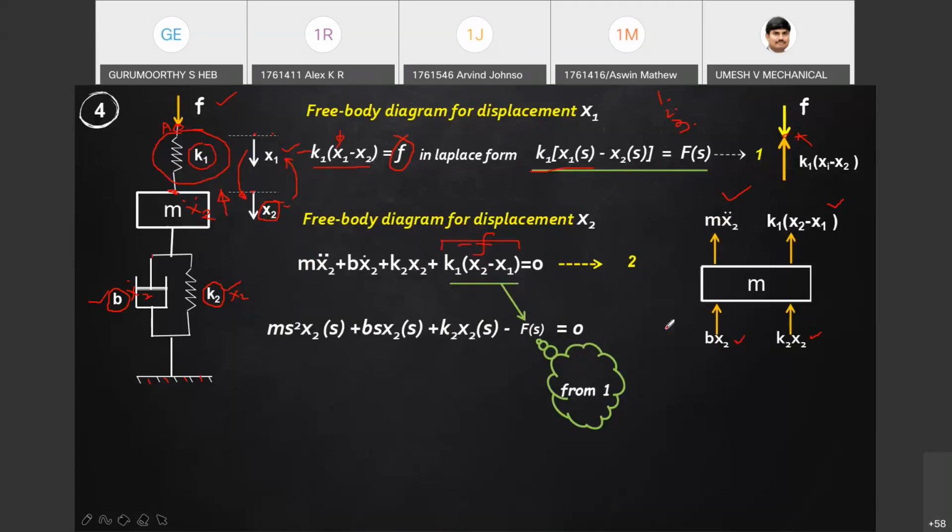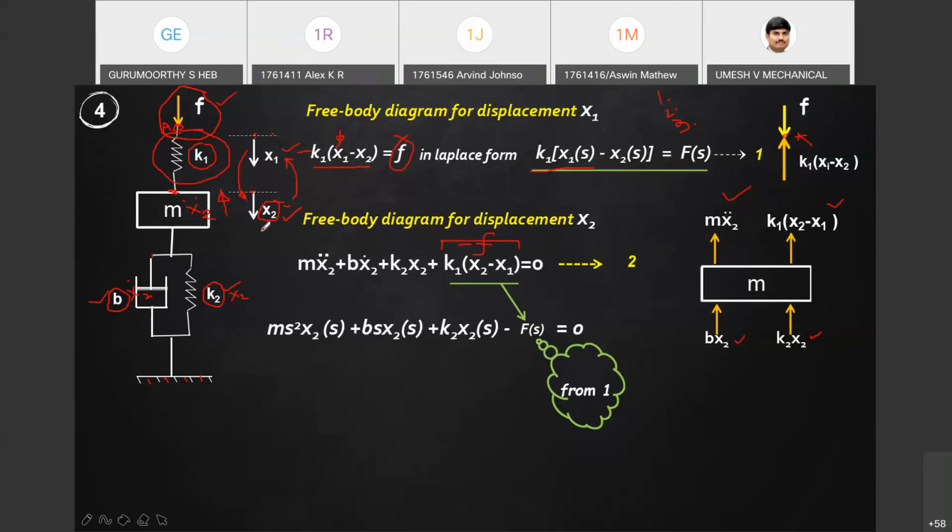Whenever you have two variables, you have to reduce that to only one variable, which is required for the transfer function. The transfer function is output divided by input in the Laplace form. Your displacement is X2. The intermediate displacement is X1.